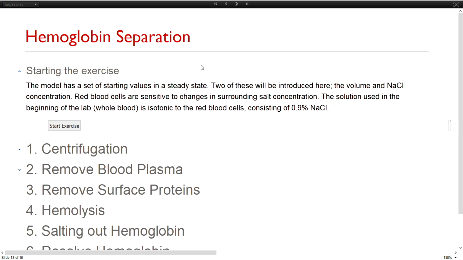We have a model here that describes everything that's happening in the lab, but I don't want to show that here because that's not the topic, and this is something that we probably won't show to the students either. It's just a vessel, something for them to interact with. They don't have to understand what's happening behind the scenes.